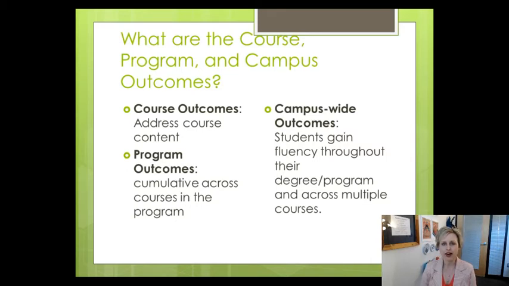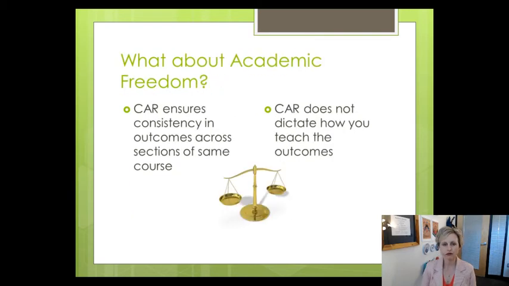And then the campus-wide outcomes: across campus, we have 4 specific outcomes that everyone is working towards helping students gain proficiency in by the time they leave Green River. Those are written communication, quantitative and symbolic reasoning, critical thinking, and student responsibility. The CAR is going to have outcomes in all 3 of those levels, and so should your syllabus.